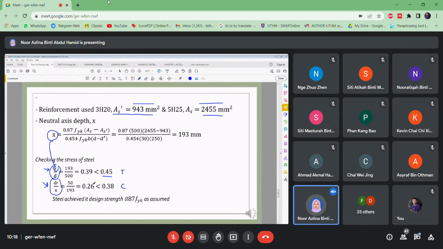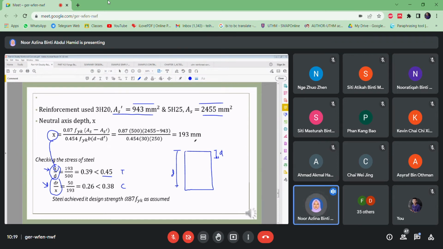Kalau tak achieve, which is more than it, you must do something. For example, increase the size of the beam. Let's say change the D or change the D prime. Okay, if you increase the size, the D and also the D prime will follow the changes.